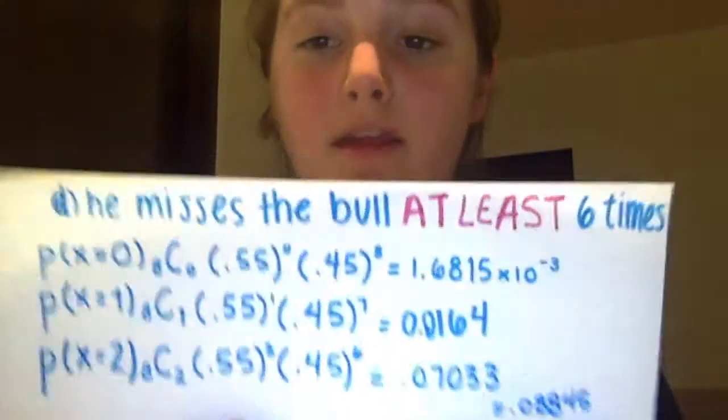Since doing every single binomial distribution for 6 times can take a lot of time, I like to see it a different way. For me, it is the same thing to say that he scores 2 times, since it's 8 attempts, so he misses 6 and scores 2. So in this case, the binomial distribution would look like this.